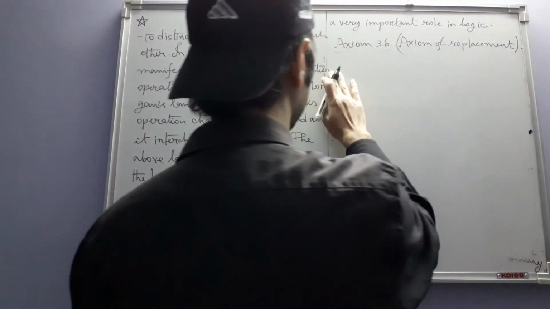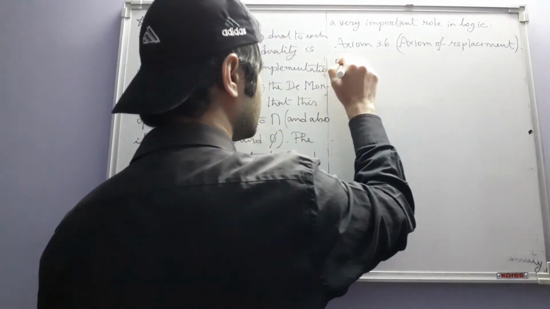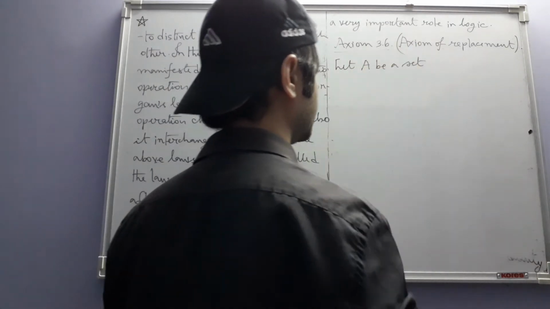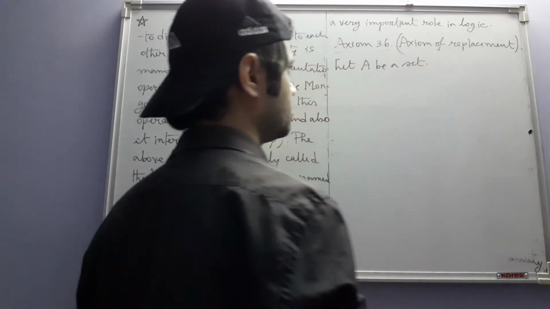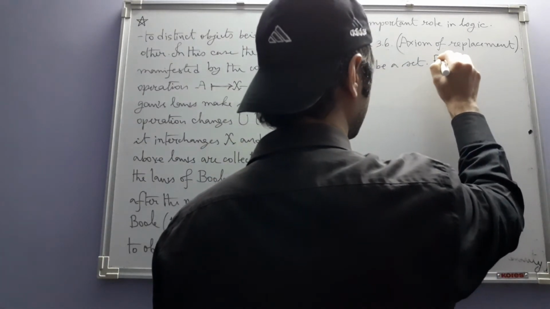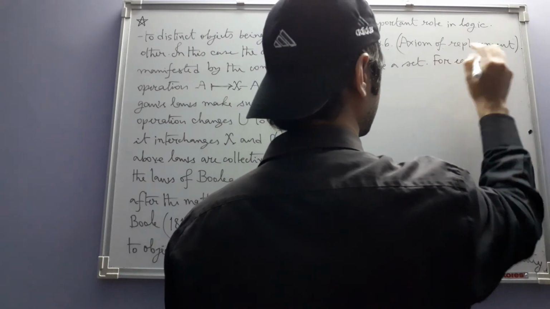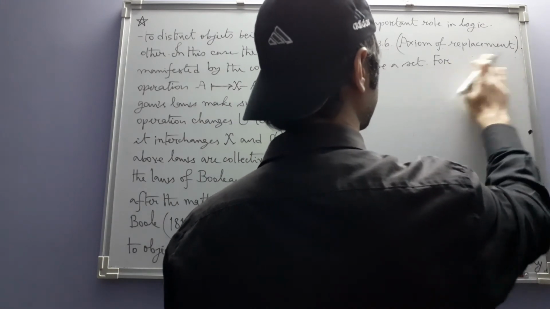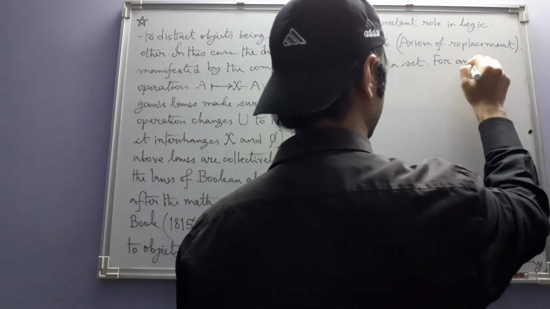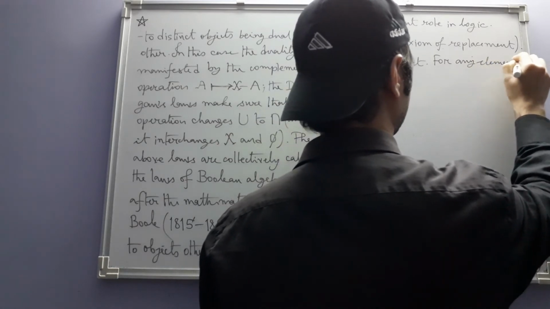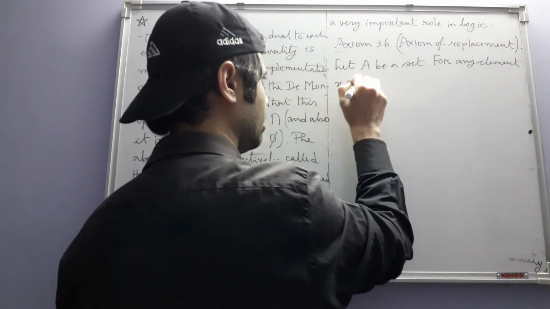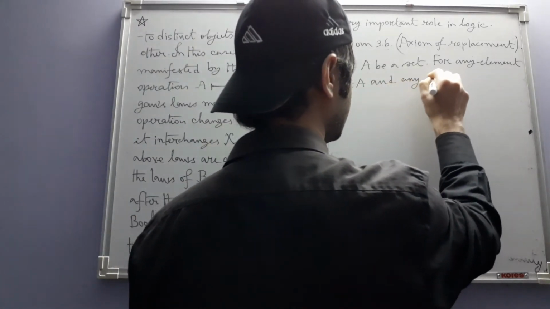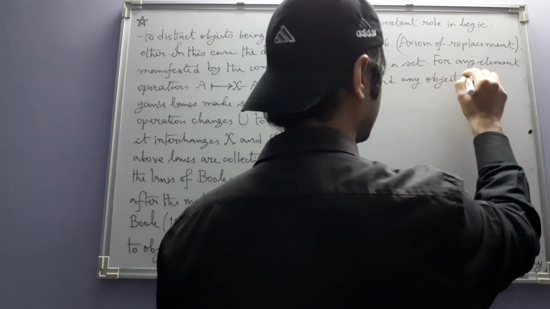And the statement goes like this: let A be a set. For any element x in A, and any object y, let P(x, y) be a property or a statement.